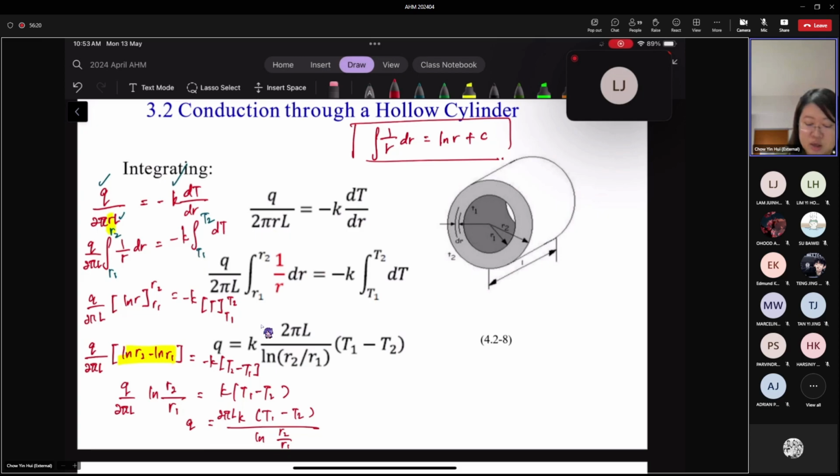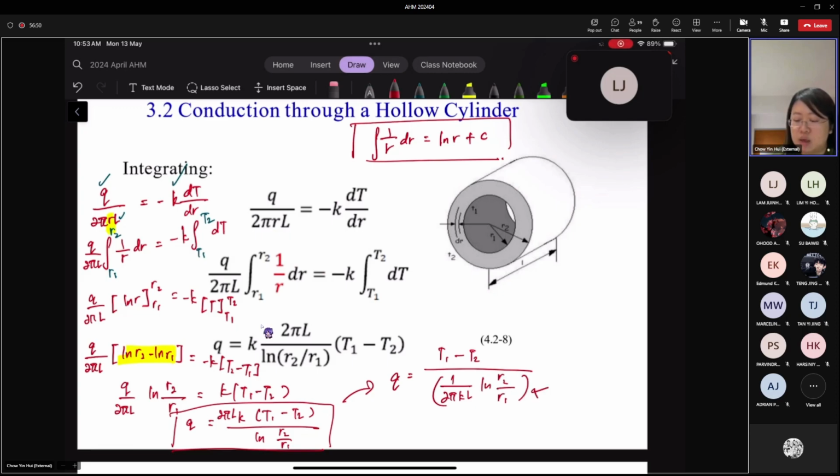This is the equation that we usually use to calculate the rate of heat transfer through a cylindrical wall by conduction. If you rearrange it in the form of driving force divided by resistance, it is T1 minus T2 divided by, 1 over 2 pi KL, then ln R2 over R1. This will then be the resistance term.